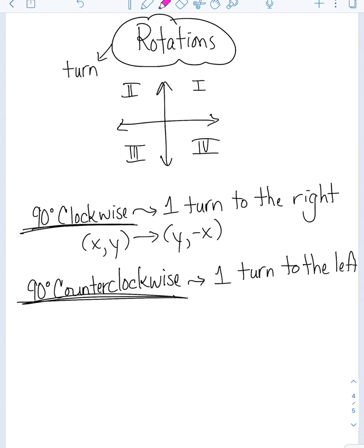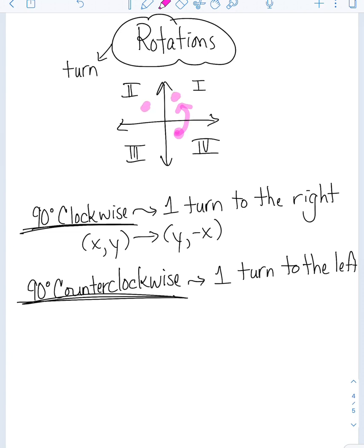Let's say that my point starts here in quadrant 3. One turn to the left would move it to quadrant 2. Let's say we start in quadrant 4. Go the opposite way that a clock does, so you'll move to quadrant 1.